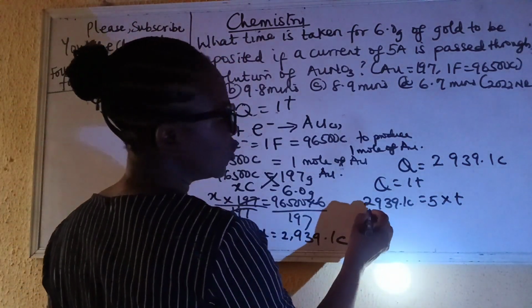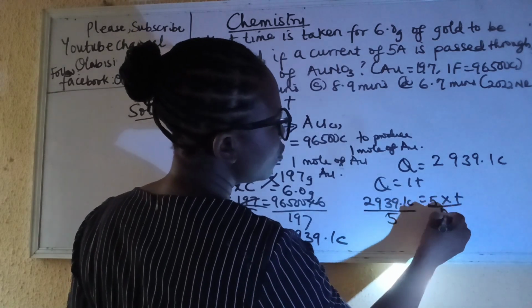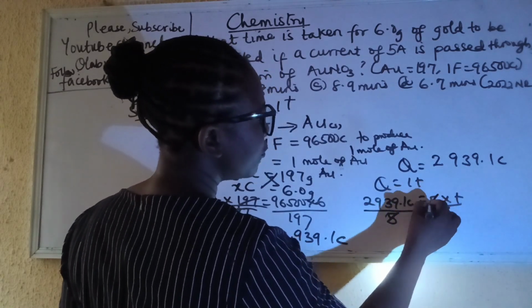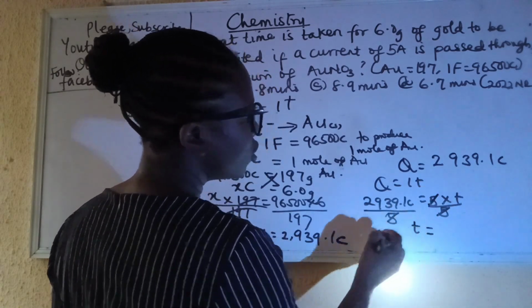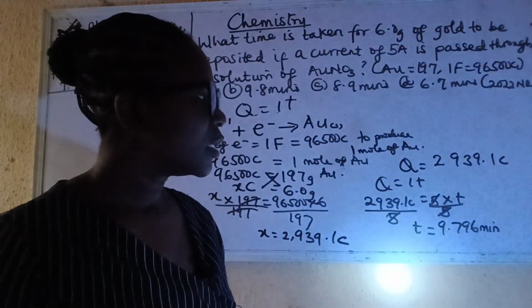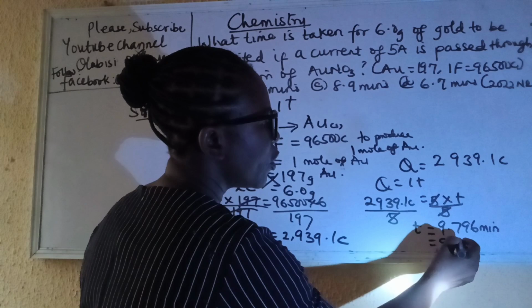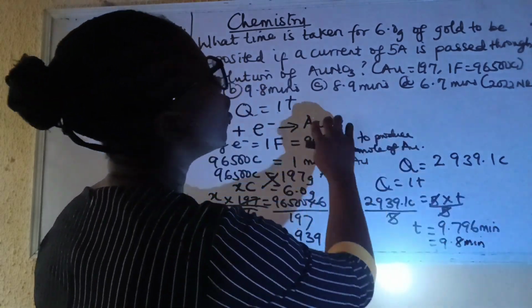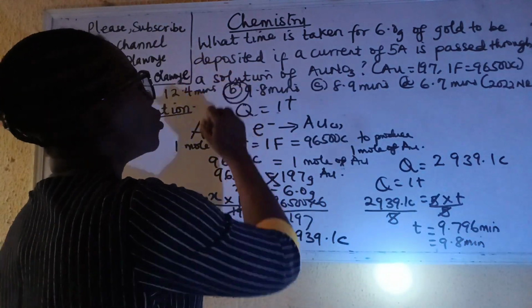From here, we can just get our answer by dividing both sides by 5. T equals 9.796 minutes, which is roughly 9.8 minutes. Looking at the options here, we have 9.8, which is option B.